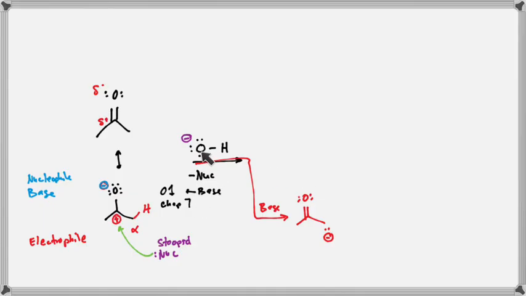Oxygen is a more stable negative, therefore that reaction shouldn't happen. Ultimately, we aren't saying it shouldn't happen. What we're actually saying is that this is an equilibrium reaction that heavily favors the reactants.